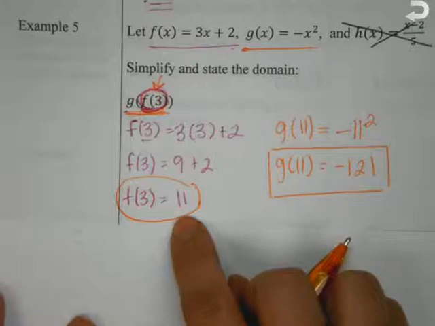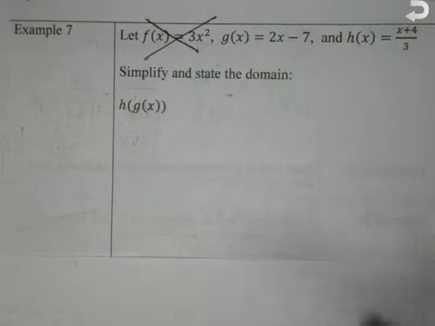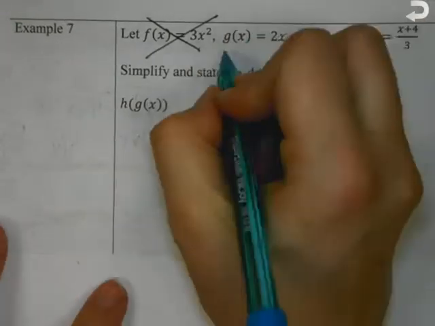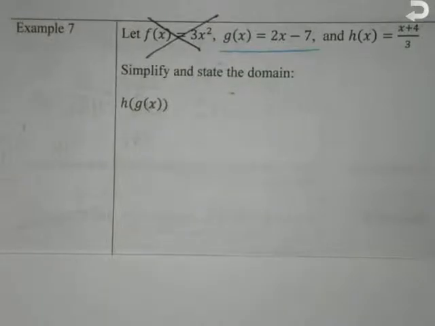So example 7, we have two new functions. g of x is equal to 2x minus 7, and h of x is equal to x plus 4 all over 3.